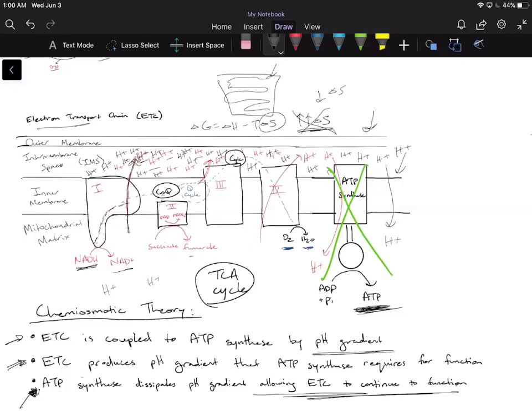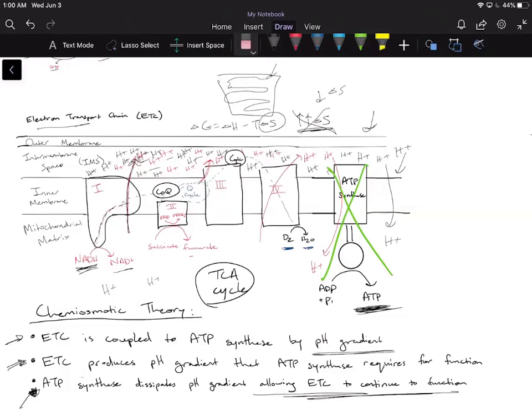Okay, so putting everything together as a summary, the electron transport chain is coupled to ATP synthase by a pH gradient, or an H+ gradient. As we're oxidizing these electron carriers, and we'll talk about exactly where succinate and fumarate come from, but it's going to be from the TCA cycle, in a future video.